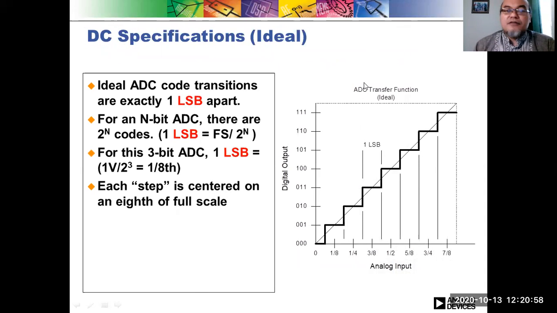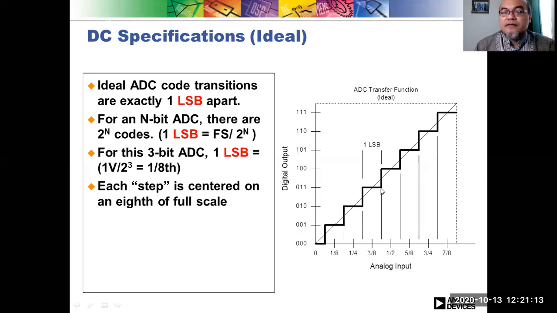So ideal analog to digital converter code transitions are exactly one least significant bit apart. From the code conversion, for example between 011 to 100 here, the distance is exactly 1 bit.